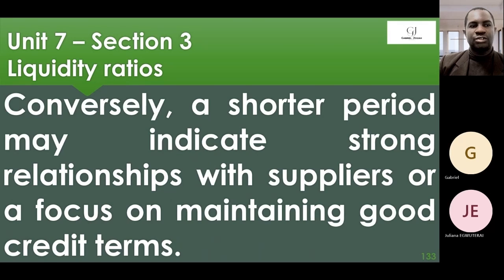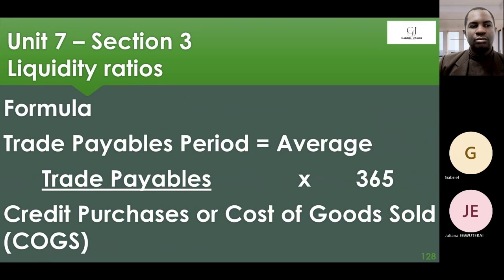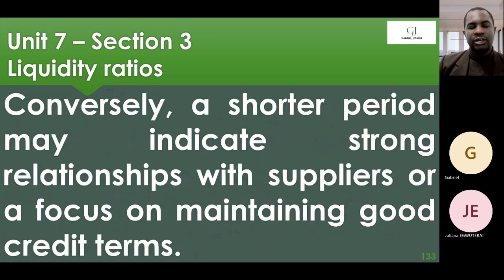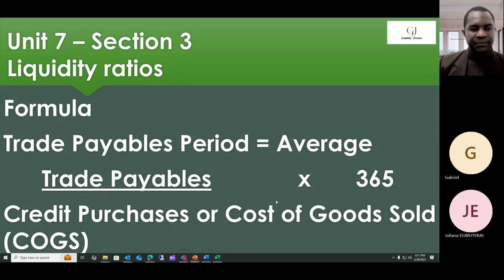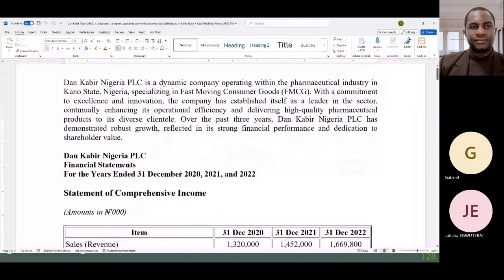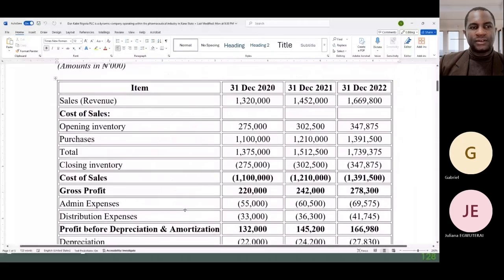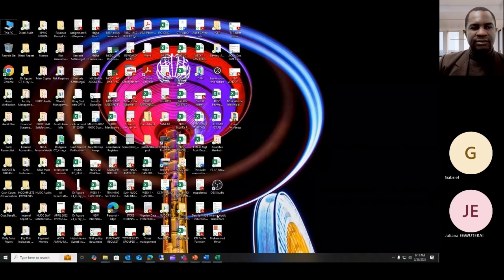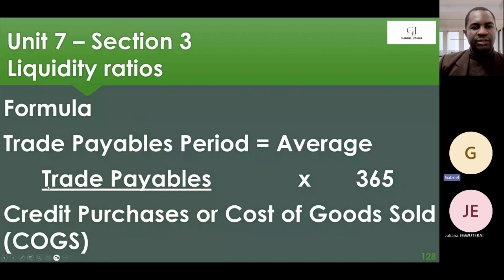Take note of that. Okay, so before we go further, let's look at the same example we have been looking at, Sharubutu, Dan Kabir. Let's use Dan Kabir to calculate this ratio graphically and see how it applies. So the formula we are using is trade payables, but the trade payables has to be an average.